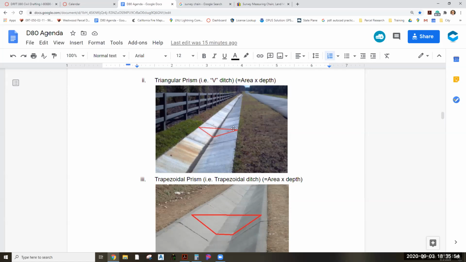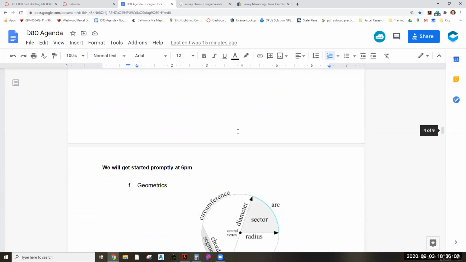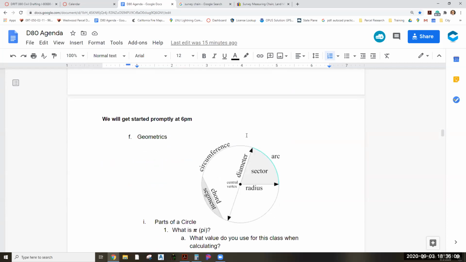We're just dealing with triangles, trapezoids, and circles in terms of ditches, projecting volumes. Any questions thus far?